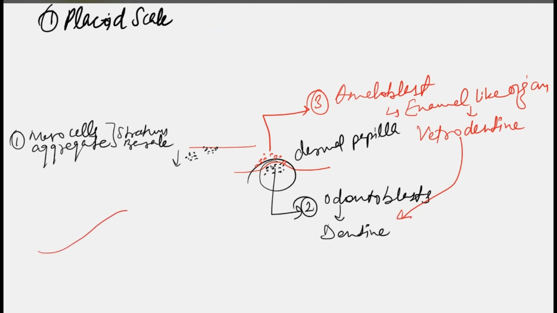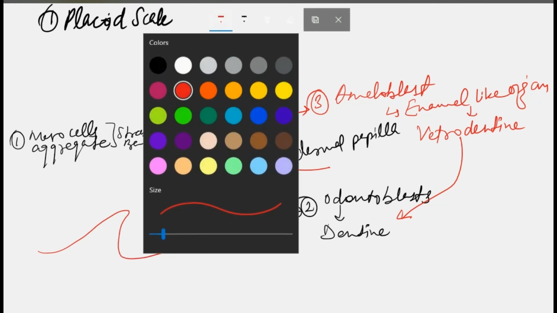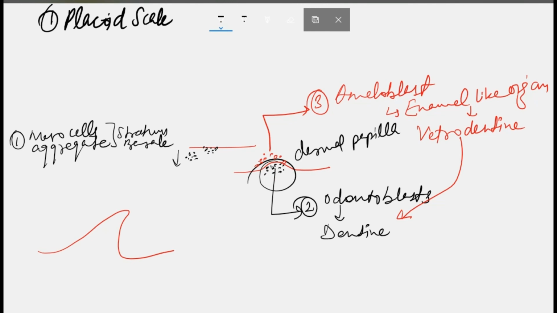So basically, this is your vitrodentine. Below this, you have the secretion of odontoblasts, that is dentine.